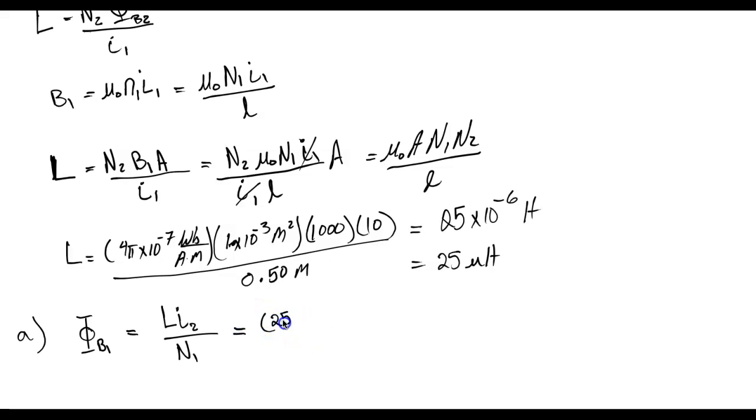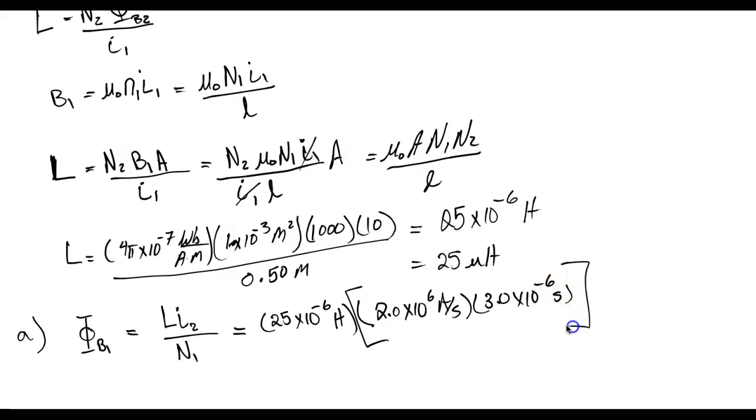So this is 25 times 10 to the minus 6 henries times the current at 3 microseconds, which is going to be 2.0 times 10 to the 6 amp per second times 3 microseconds, all over N1, which is 6,000, and that gives us 1.5 times 10 to the minus 7 Webers.